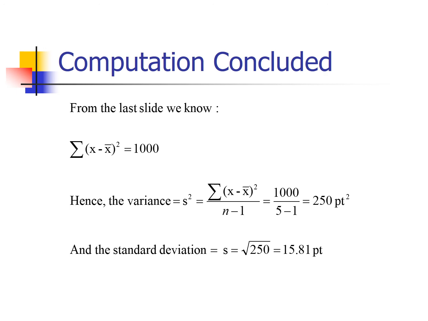Now this is a pretty sensible answer, isn't it? Despite all the calculations. If you think back to a couple slides ago, we had one observation that was exactly the same as the mean. We had two observations that were 10 away from the mean. One was 10 above it, one was 10 below it. We had two other observations that were 20 away from the mean. One was 20 above it, one was 20 below it.